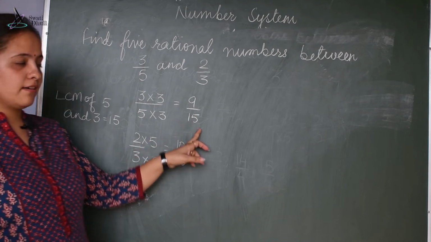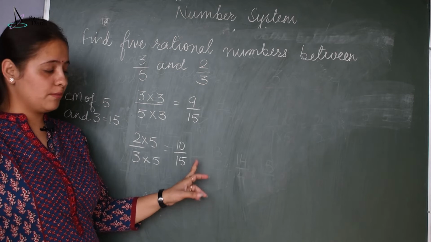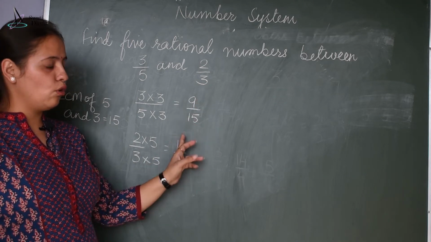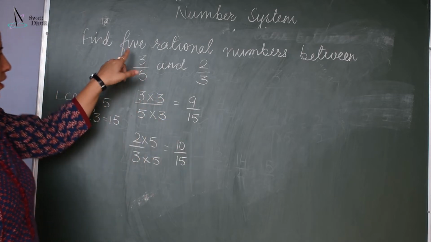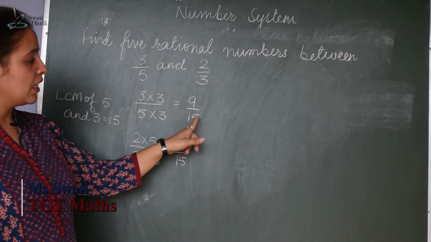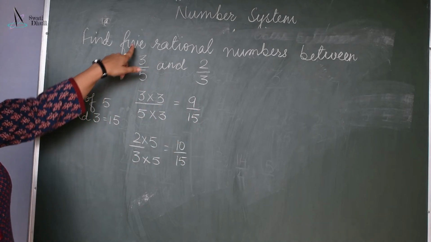Now my denominators are the same. I can find the rational numbers between these two, but the numerators are 9 and 10, so there is no number between them. I have to find 5 rational numbers, so I have to multiply these rational numbers by a number greater than 5.